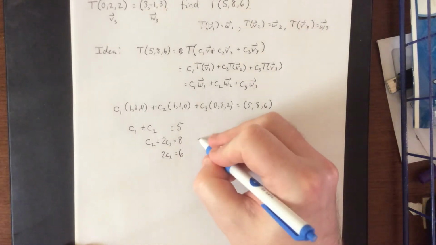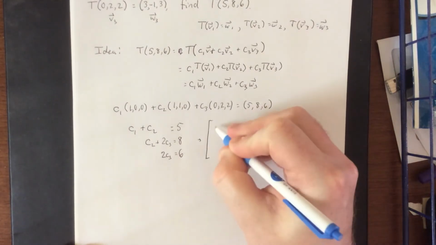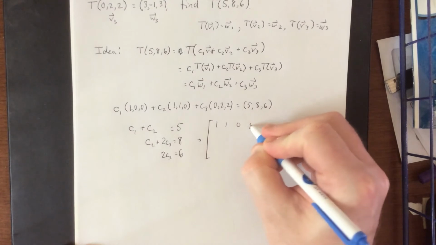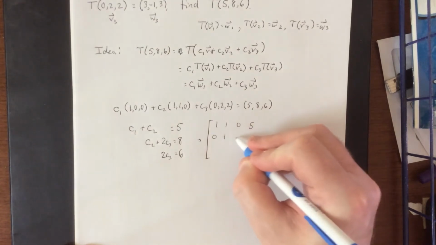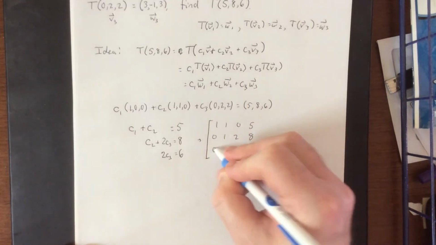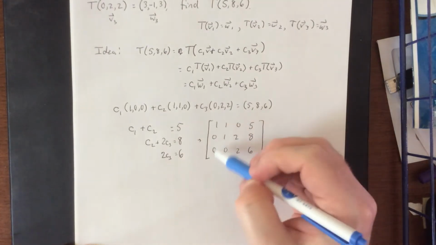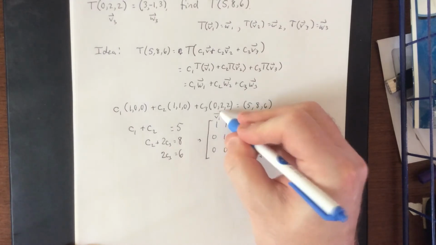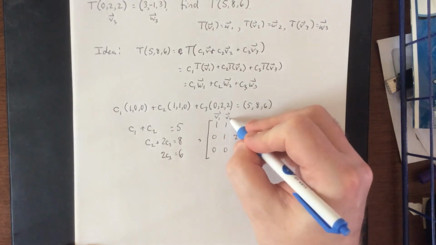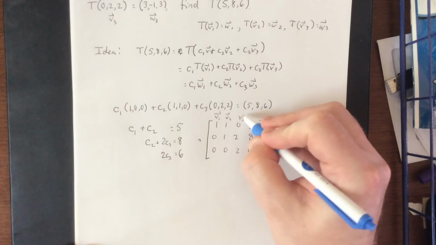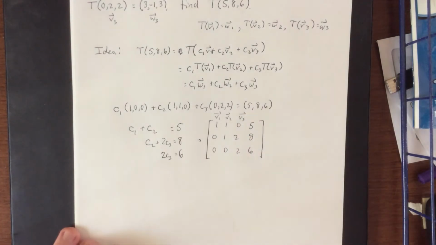Now, if we wanted to go the matrix route, I just want to point out that the first column would be vector V1. The second column is vector V2. The third column is vector V3. That'll be important in the next video.